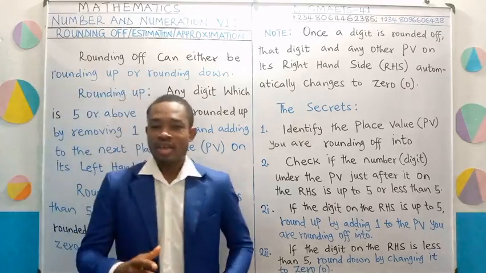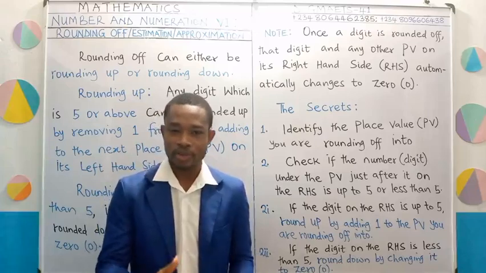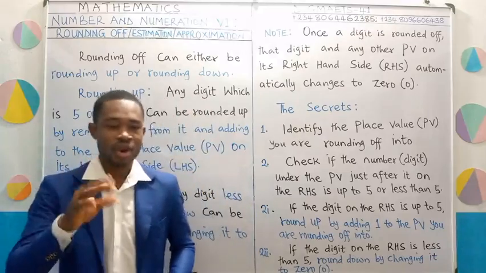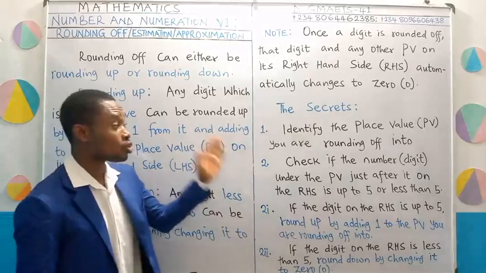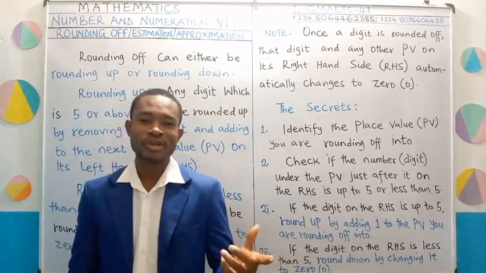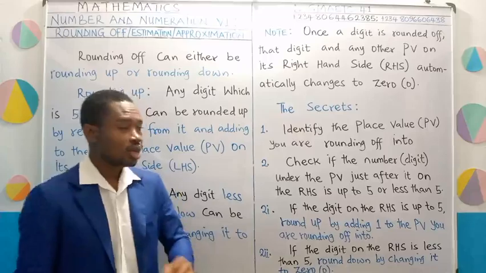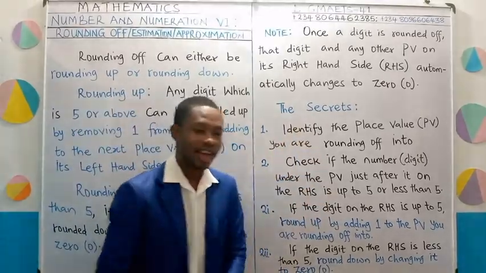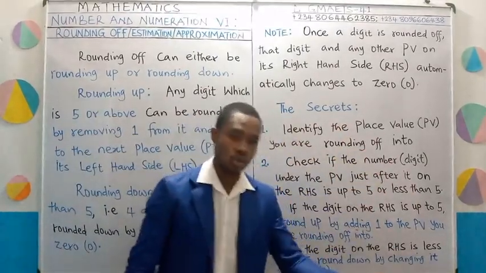As always, I tell you about the secrets, the things that should guide you, the principle, things you need to be thinking about when you are solving a particular problem. And here on the board, I've got 2 secrets. When dealing with rounding off, what should you know? Secret number 1. When a question is given to you, quickly identify the place value, PV, that you are rounding off into.